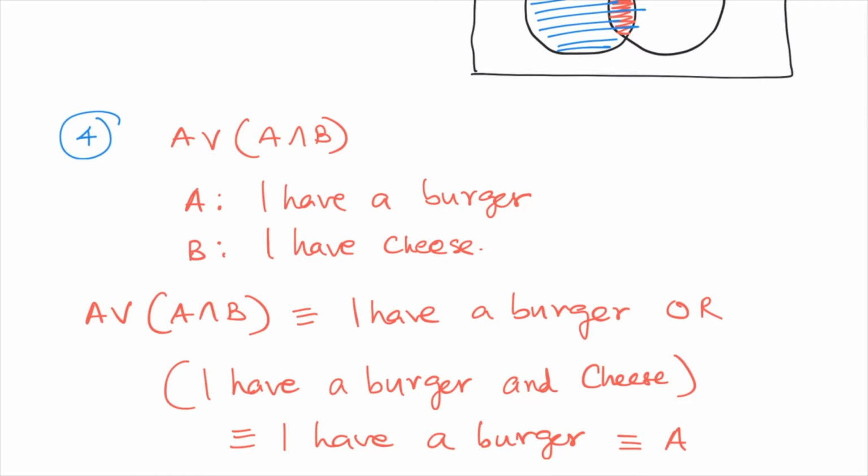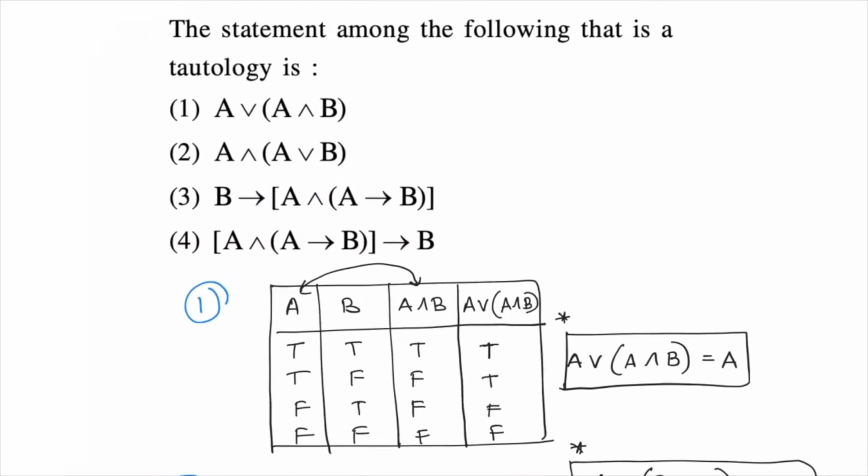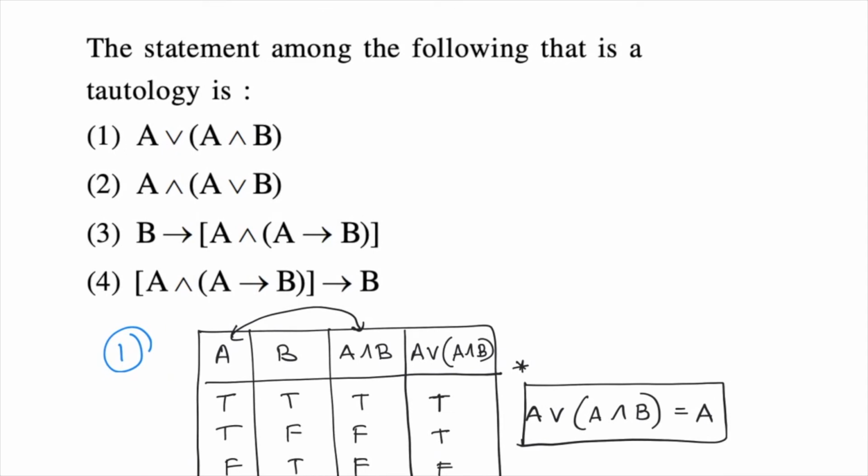Now, option B is similar to this part. It can be done in these 4 methods, so I leave it as an exercise to you. These two parts are together known as absorption identities or absorption laws.